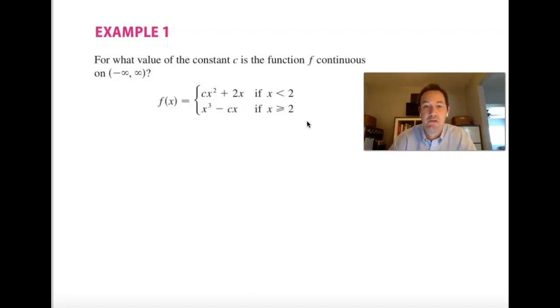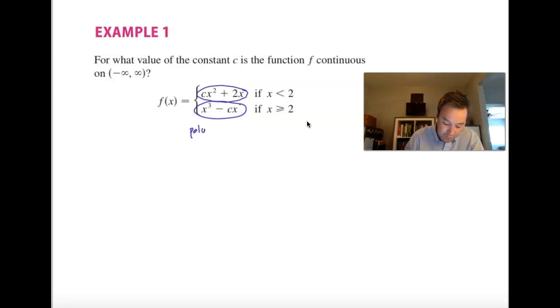This says, for what value of the constant c is the function f continuous on the interval negative infinity to infinity? So all real numbers. The first thing we need to notice is that this is a piecewise function, but each piece separately is polynomial, and polynomials are continuous everywhere.